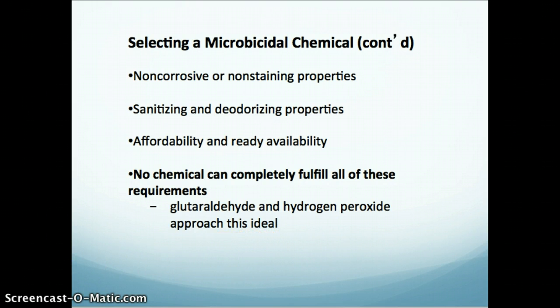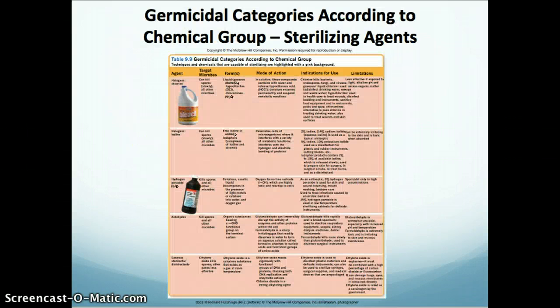And then the last thing I wanted to show you, you'll need to look in your book because these are really small in the slides, but these are interesting to look at and see the wide range that we have of germicidal chemicals. This first picture is of the sterilizing agents. So these are the ones that are capable of killing bacterial spores. And this is in your book in chapter 9.